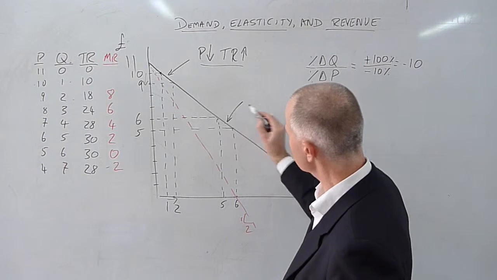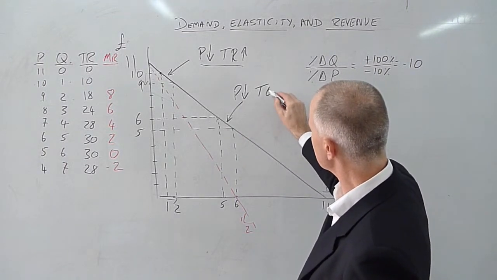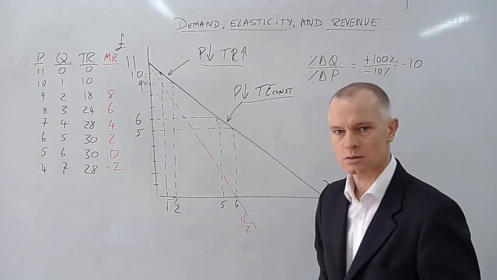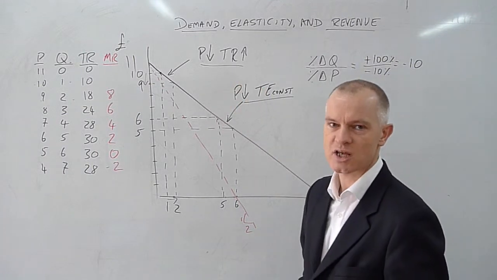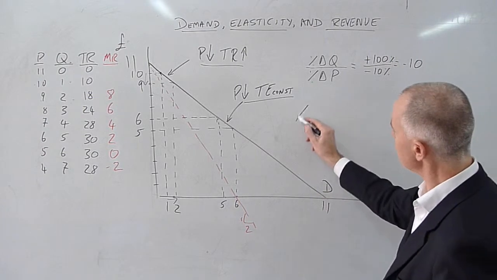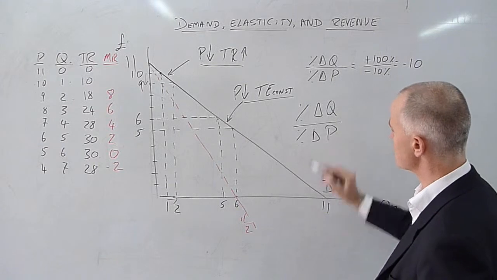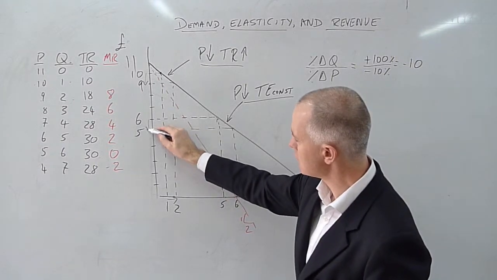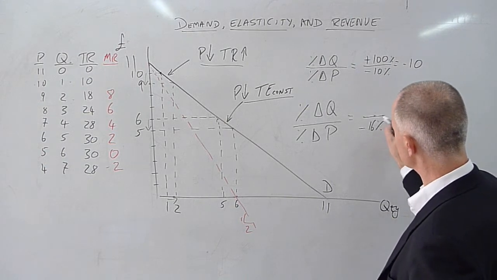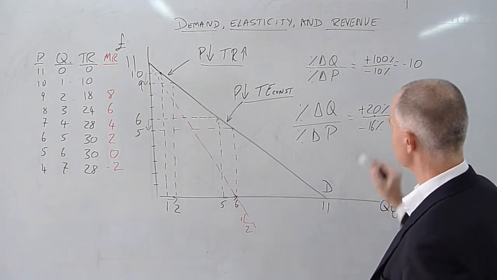In the centre of the demand curve, a price cut has resulted in no change in total expenditure. Total expenditure and total revenue are the same in this case, P times Q. But if we use the formula, the percentage change in quantity compared to the percentage change in price which caused it, the price cut here is 1/6, which is 16%, and this has caused a quantity increase of 20%.